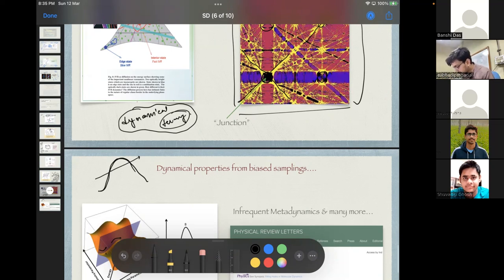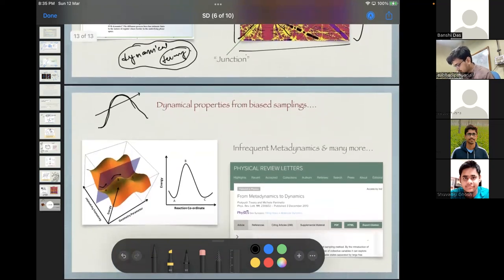This is very important. In my last slide, on dynamical properties from bias sampling: in metadynamics or umbrella sampling, after computing the free energy surface, we generally use TST, transition state theory, to compute the rate.